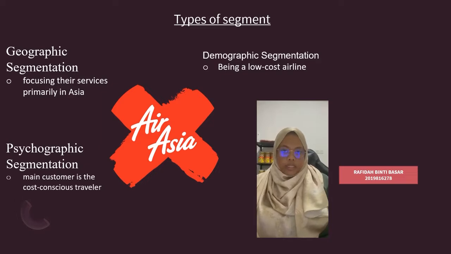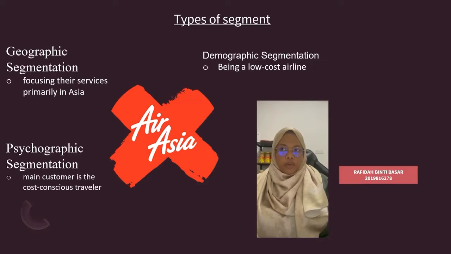Types of segment. AirAsia has three types of segment. The first one is geographic segmentation, which means focusing their service primarily in Asia, which means AirAsia focuses on ASEAN countries. The second is demographic segmentation, being a low-cost airline.